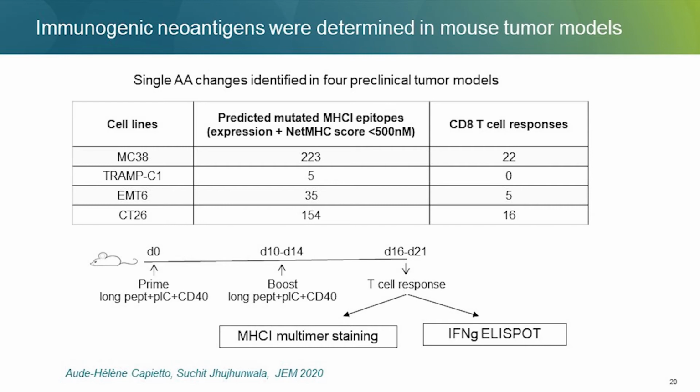We identified about 400 predicted immunogenic mutations. And then what we did is we immunized mice using long peptides plus strong adjuvant poly-IC and anti-CD4, and measured the T-cell response against these antigens. And what we found is that only about 10% of the predicted mutations are actually eliciting an immune response. And this is very similar to what has been seen in the clinic in terms of frequency.